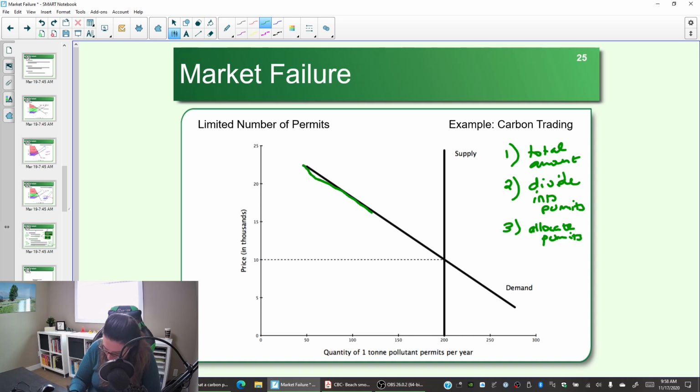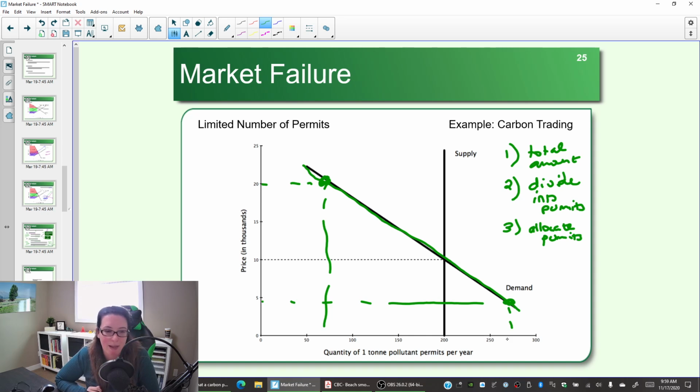So we have demand for permits, and it is downward sloping, because the more expensive the permit, the less companies or countries can afford it. And the cheaper the permit, the more countries or companies are willing and able to buy. But the supply of permits, remember we took the total amount of pollution, divided it into permits, the total supply is fixed.